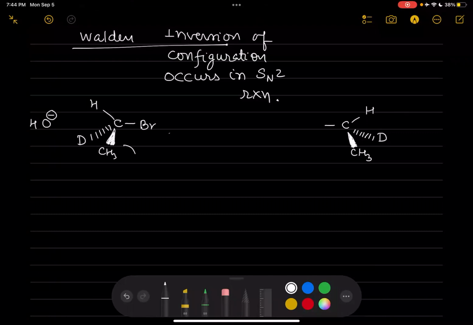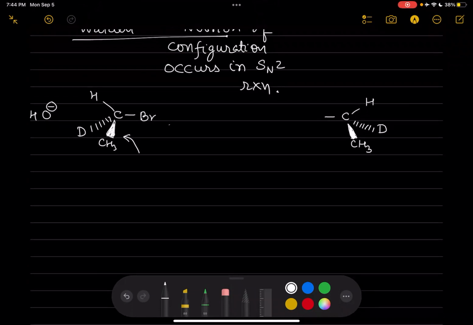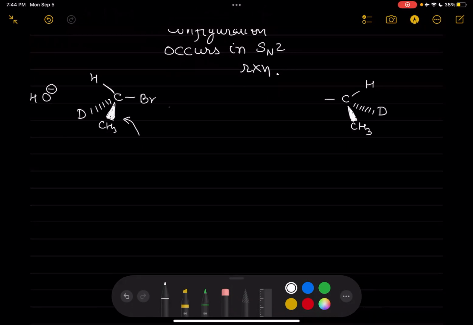The wedge indicates that the group is coming out of the plane, towards us, up from the paper, and the dash means it is going behind the paper, below the paper. Normal lines mean these groups are in the paper. Because carbon is not planar, the four bonds are not in the same plane. This is the three-dimensional representation.